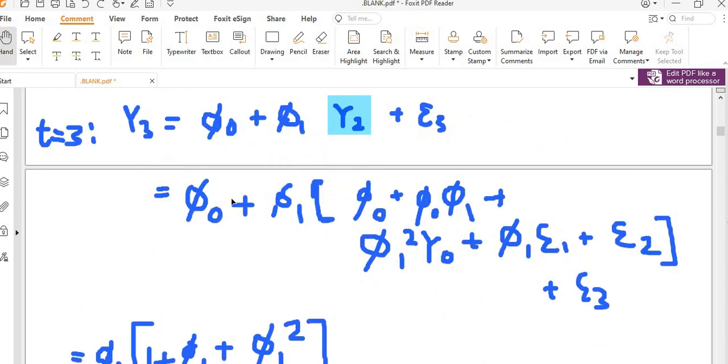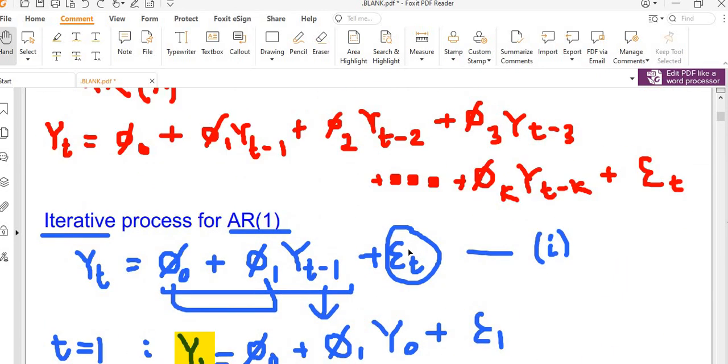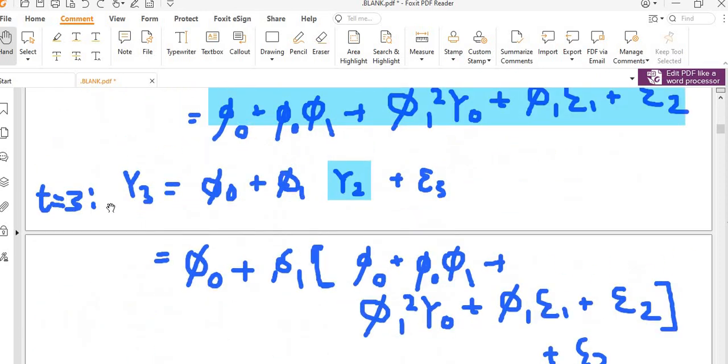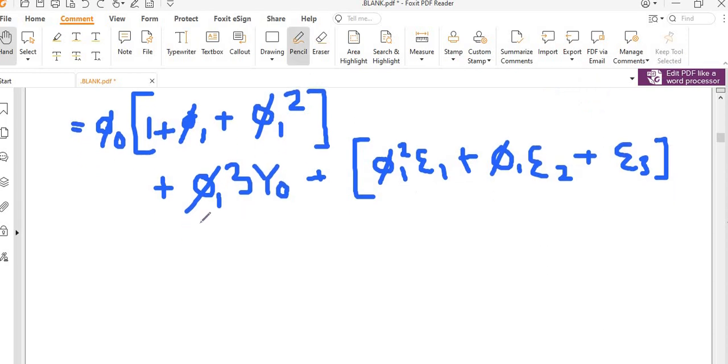We have already tried t equal to 3, and right now we are going to use an induction or an intuition of sorts. Of course, we are not going to keep using t equal to 4, t equal to 5, but rather we are going to look at the expression that we have currently and deduce what we can have if we put t equal to k.